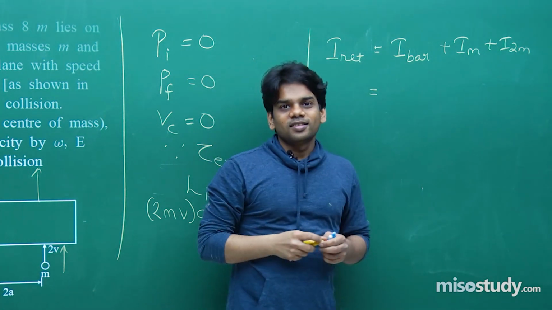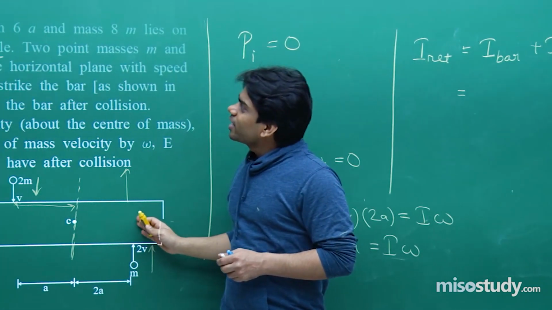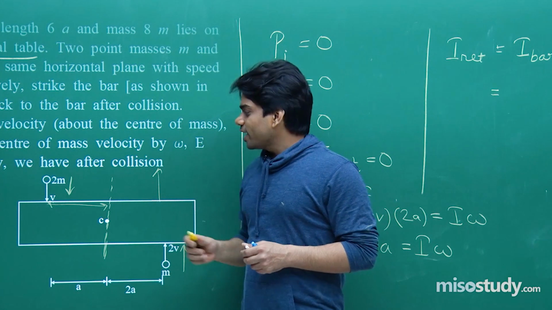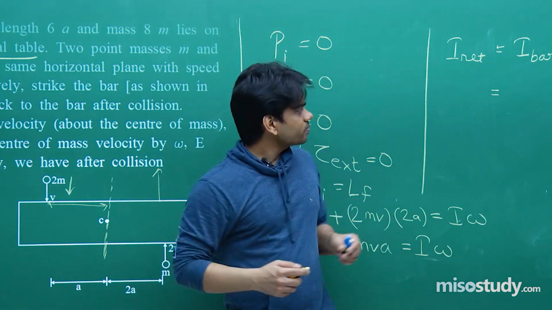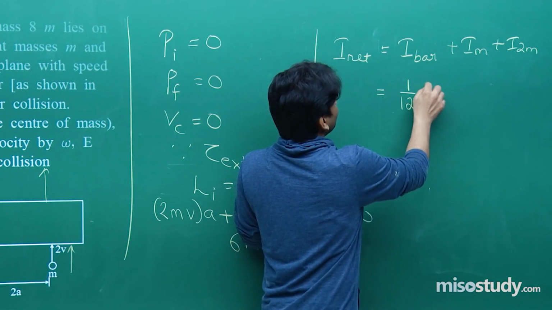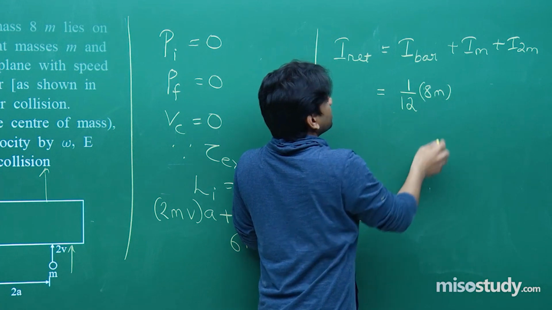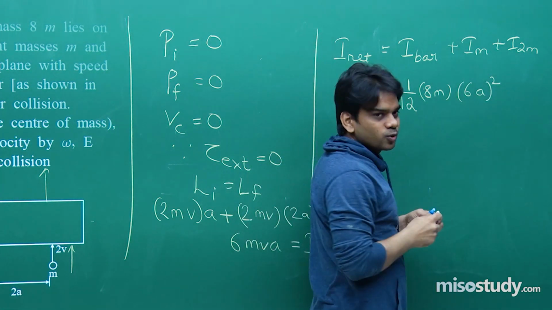I of the bar will be 1 by 12, its mass is given as 8m, and its length is 6a, whole square.